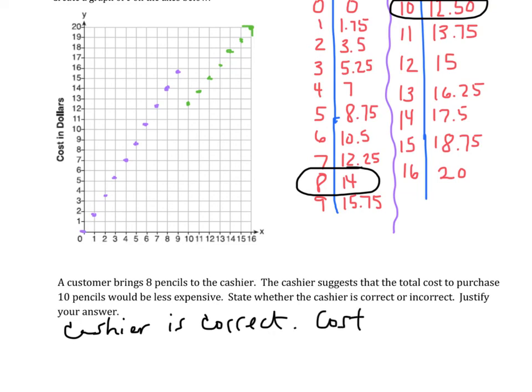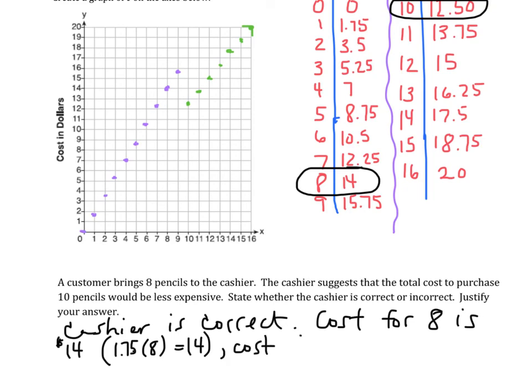Cost for 8 is $14. And you could even show that by saying it's because it's $1.75 times 8 is 14. Okay. Cost for 10 is $12.50.